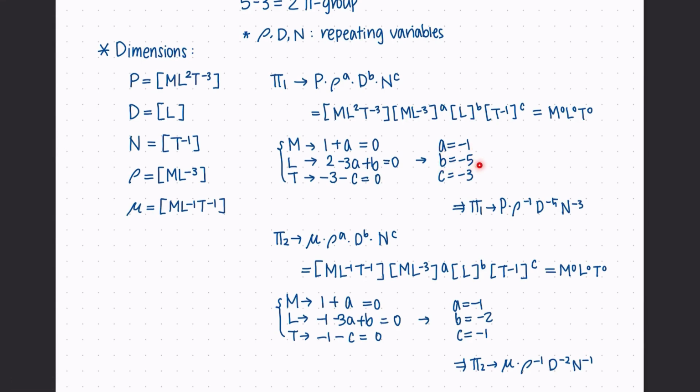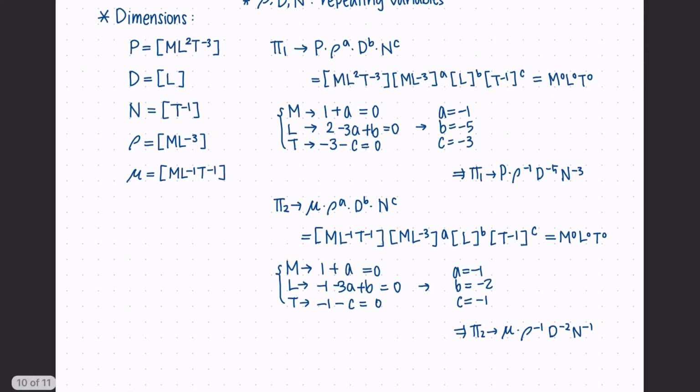The exponent of dimension should be equal to negative 5, and the exponent of n should be equal to negative 3. So the first pi term can be written as p times rho to the negative 1 times d to the negative 5 times n to the negative 3.